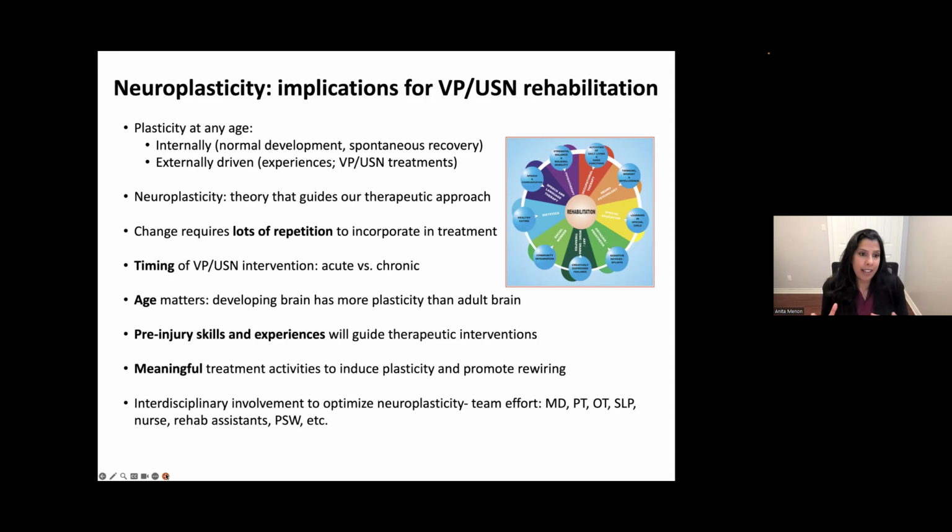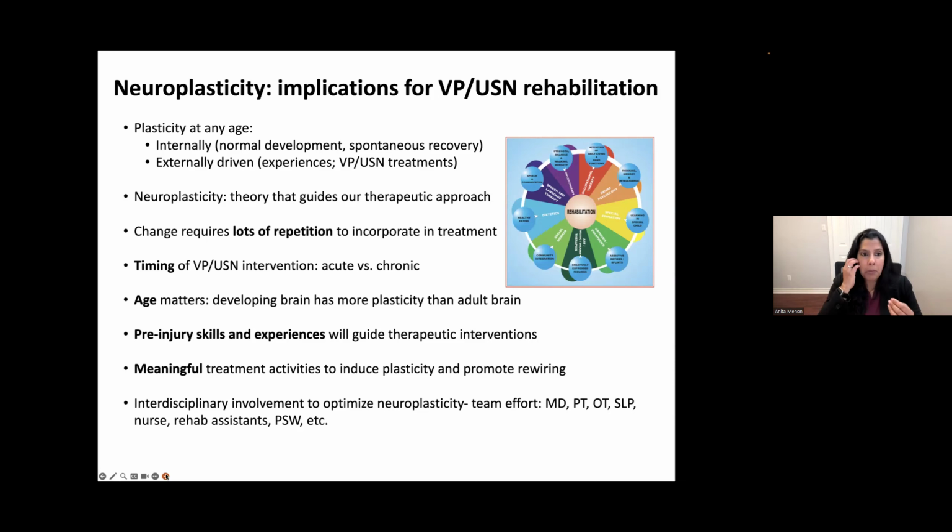So I think it's something that we should use to our advantage, and it could guide the type of therapeutic approaches that we use. So again, as you know, plasticity happens at any age, so it happens very much internally. Of course, through neural development, through spontaneous recovery, with medication, or just the brain healing itself, reducing its edema.